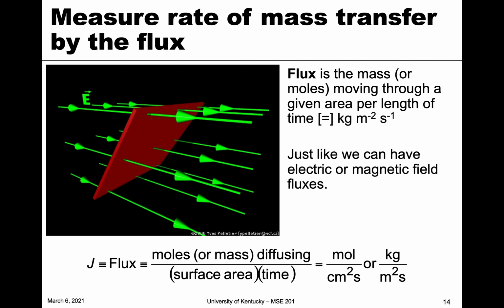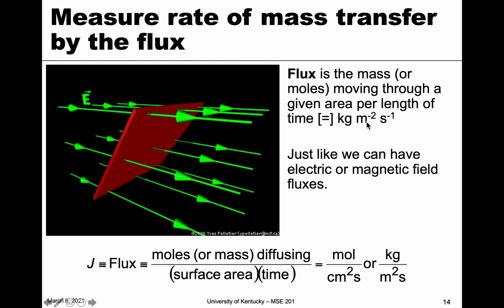And you may have heard this term flux, not only in terms of mass, but you can also talk about electric field, which is what the E actually means here, but we can use it in the same context, or magnetic field flux. It really can talk about anything, but the important things here are that it's normalized by area and it's over a length of time. So the units for us are going to be kilograms or grams, or it could be moles per area.